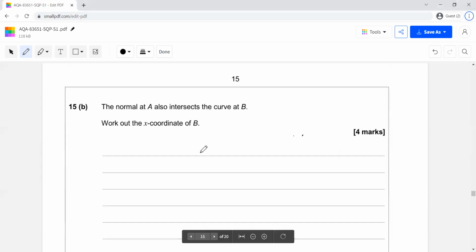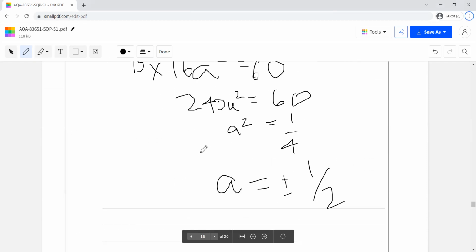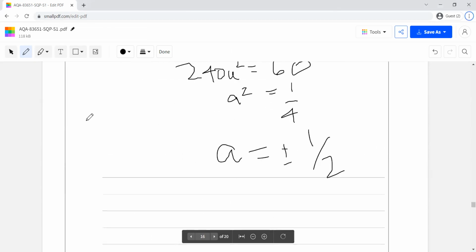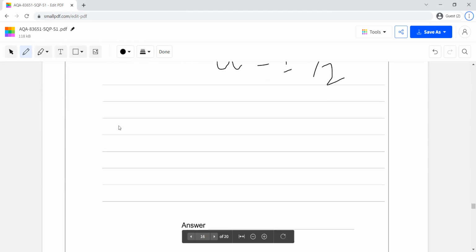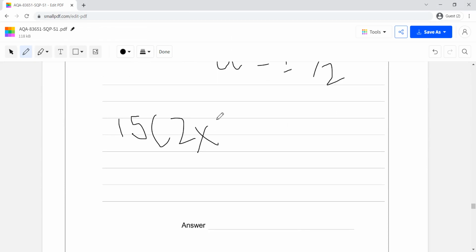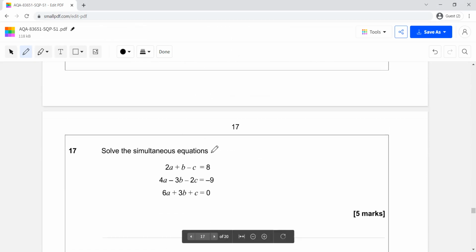Maybe not, I'm not sure. But moving on, carrying on. And we did this because we used the binomial rule. So we had 15 times 2x to the 4 times a squared. That's how you work this out.